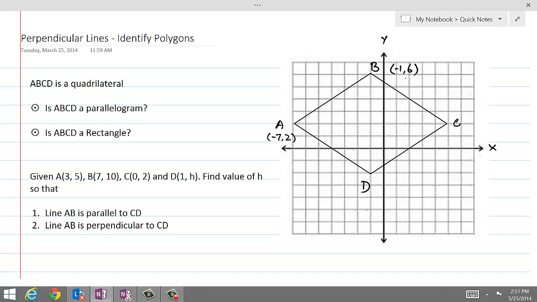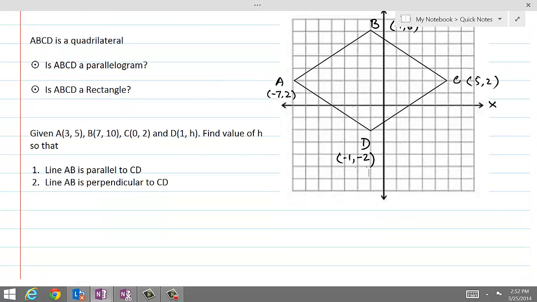C is 5 units to the right of the y-axis and 2 units above the x-axis, so its coordinates are 5, 2. And coordinates of D are -1, -2. Let us find the slope of all four sides and see if the opposite sides have equal slopes.